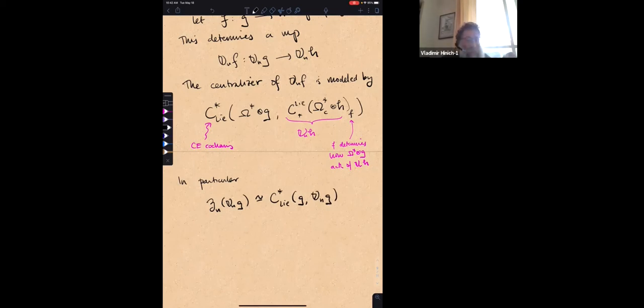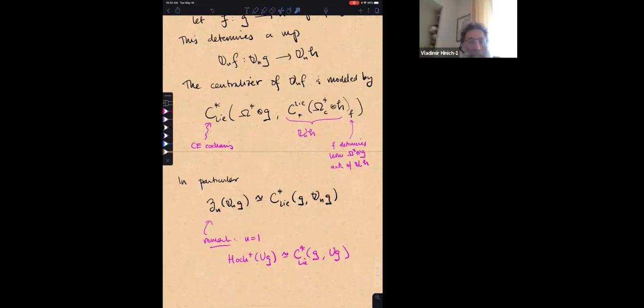So as a remark, when n equals 1, it's a classical fact that the Hochschild cochains of UG is quasi-isomorphic to the Lie algebra cochains of G with coefficients in UG via the adjoint action. So this is some generalization of this classic fact.